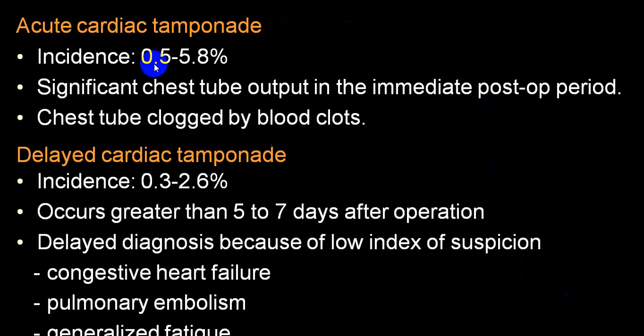Acute cardiac tamponade incidence can be 5.5% to 5.8%, means approximately 6, while slow cardiac tamponade incidence is less, up to 2.6. It will take 5 to 7 days after surgery, while this will be in a short period. Delayed diagnosis is because of a low index of suspicion, because they present with a clinical picture which is almost like congestive heart failure or pulmonary embolism, etc.